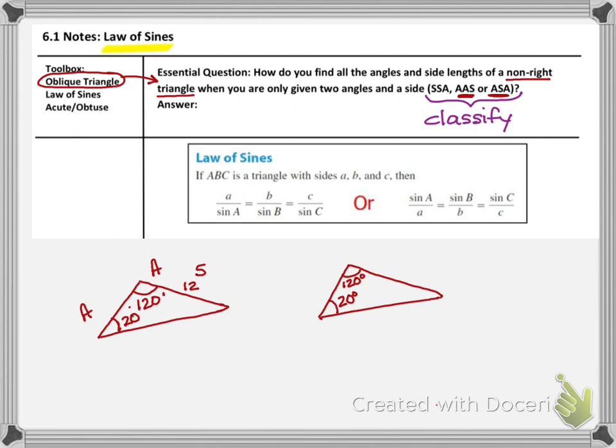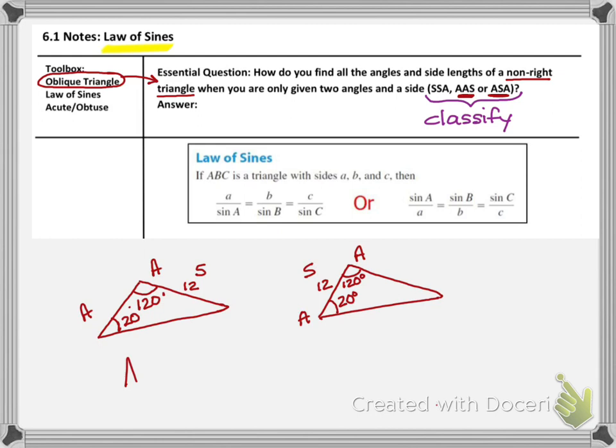But instead of the side being given over here on the far right, we're going to put the length of the side to be right here as 12. Notice this time, you are still given an angle and an angle, but this time the side is trapped in between both angles, okay?